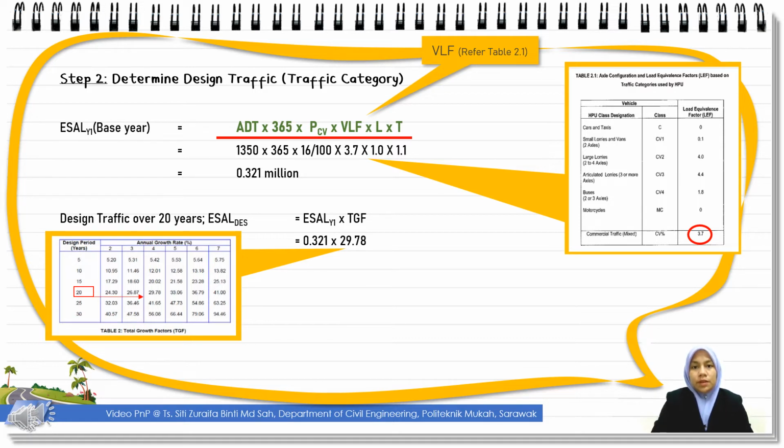By referring to Table 2, based on design period data, 20 years, and annual growth 4%, you can get the value of TGF.